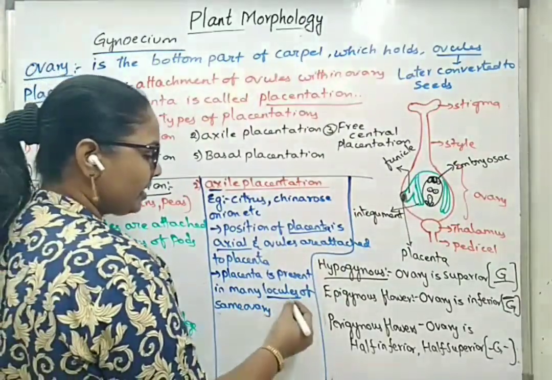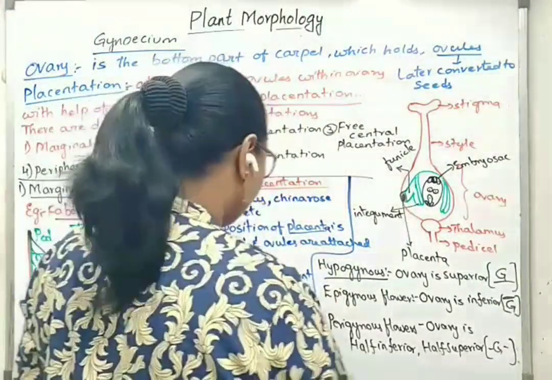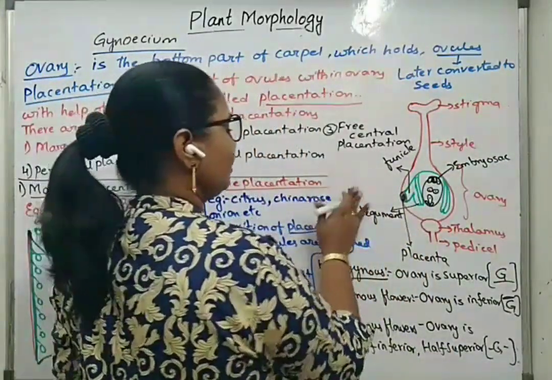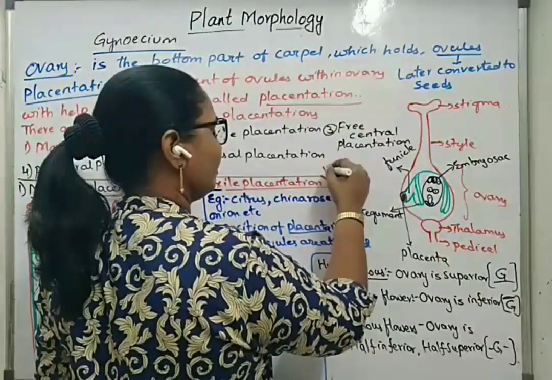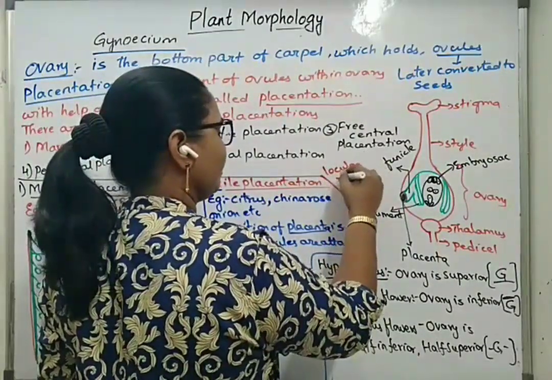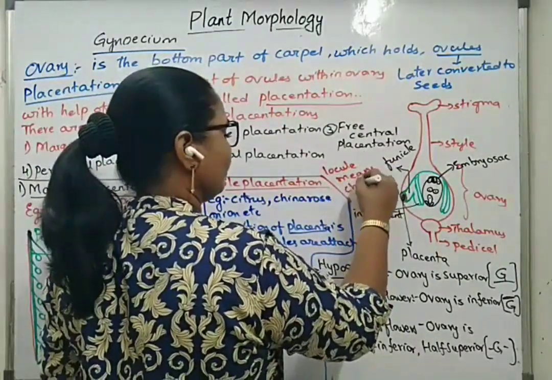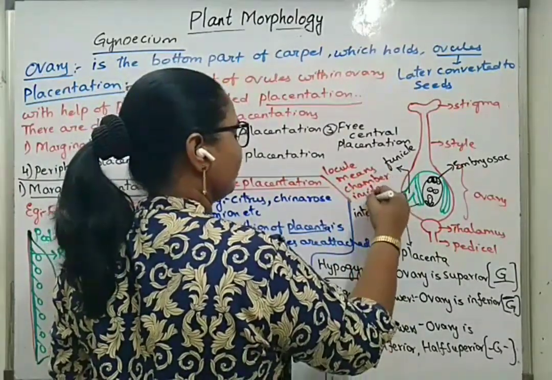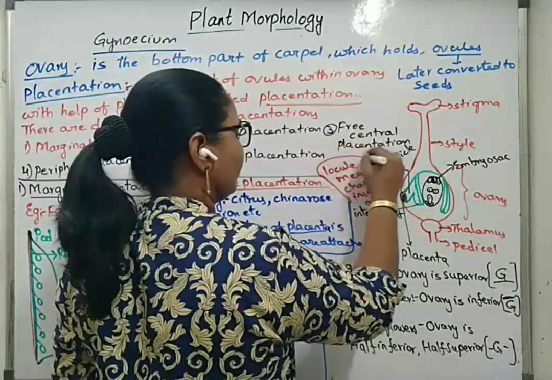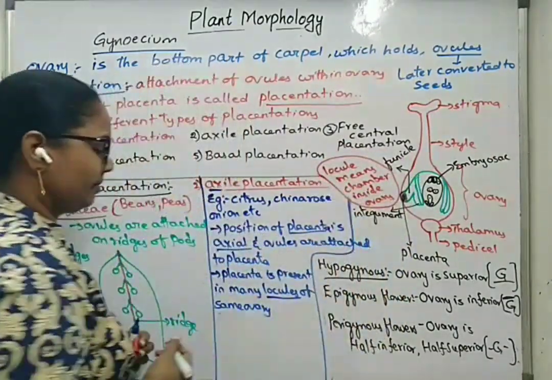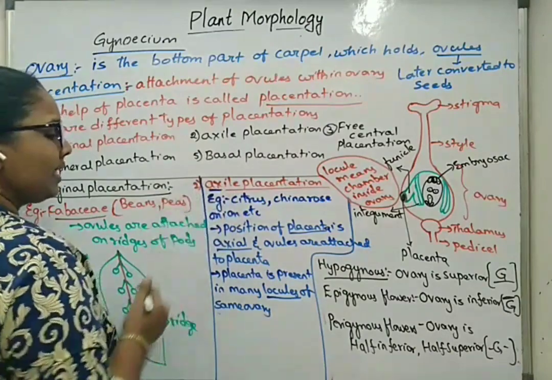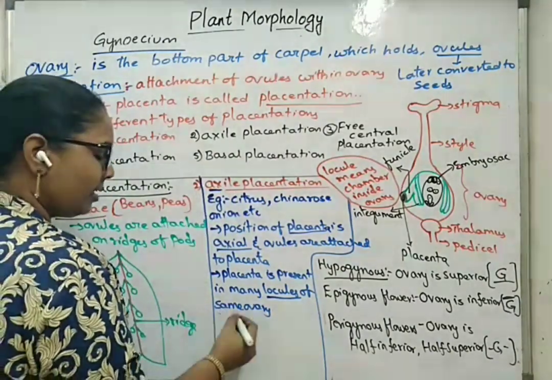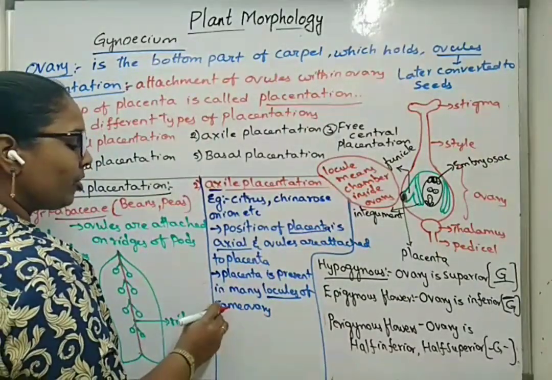So locule means chamber inside the ovary. In case of this axial placentation, examples of citrus, china rose, etc., there are many locules. So we say it is multilocular.